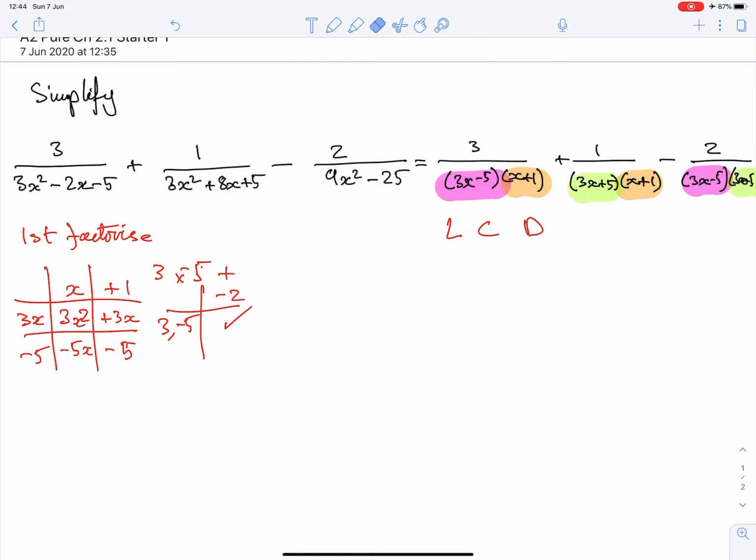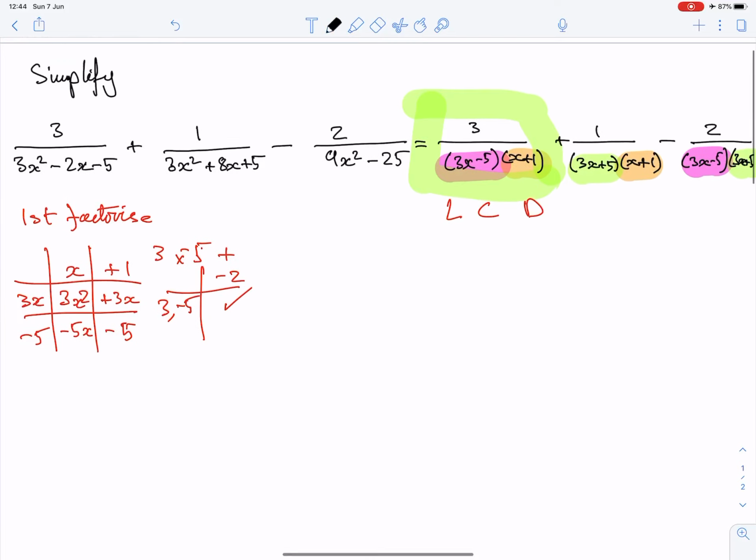So, if we look at the first fraction, we can see that it's the 3x plus 5 that's missing. So we multiply top and bottom by 3x plus 5. So this is equal to 3x lots of 3x plus 5.